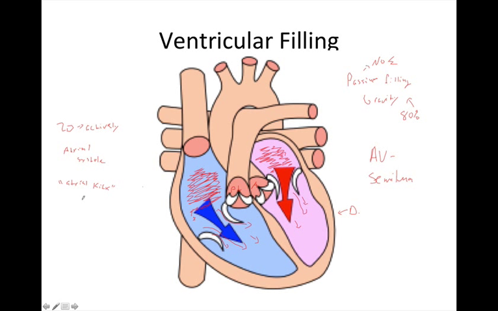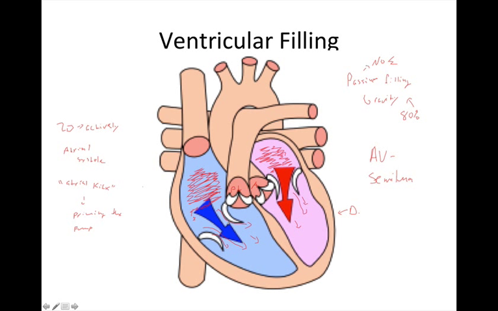Atrial kick. Oftentimes, this is also referred to as priming the pump. Priming the pump. So remember, 80% of the volume of the atria just falls into the ventricles on its own because of gravity.